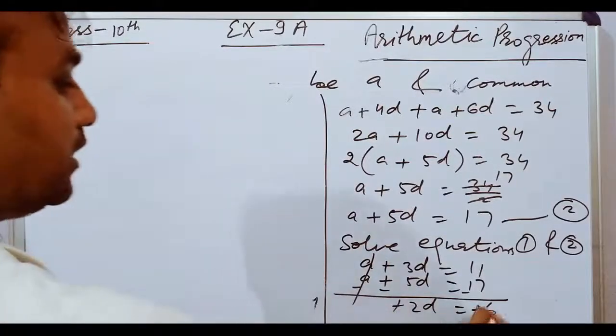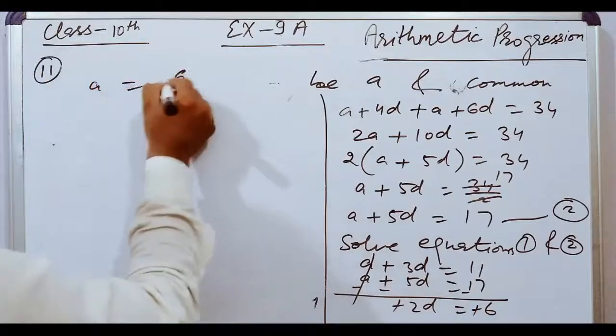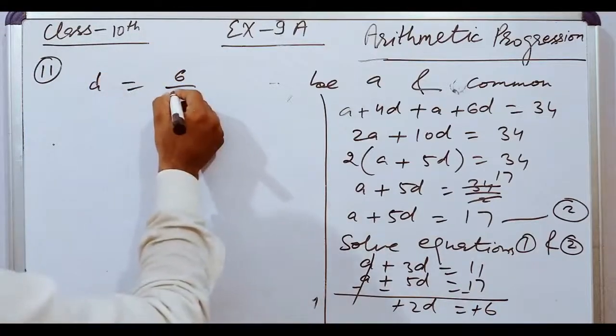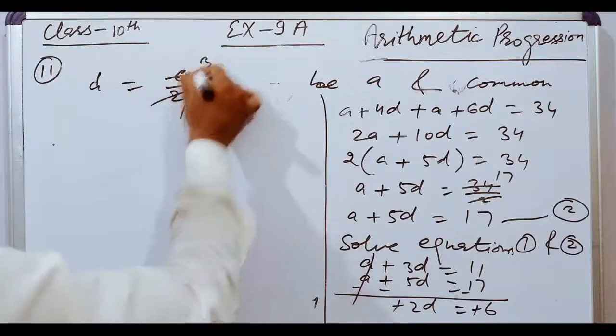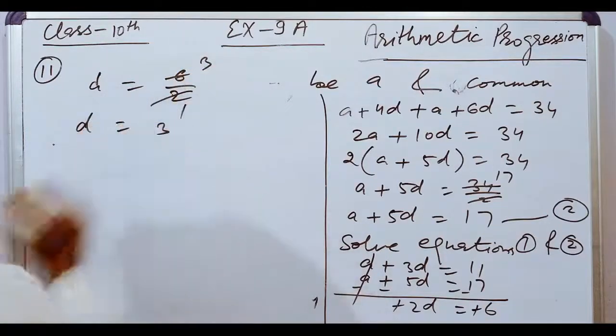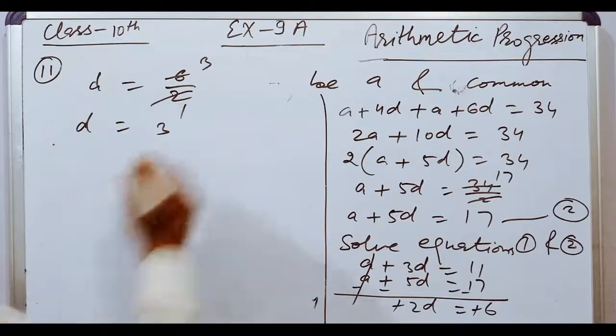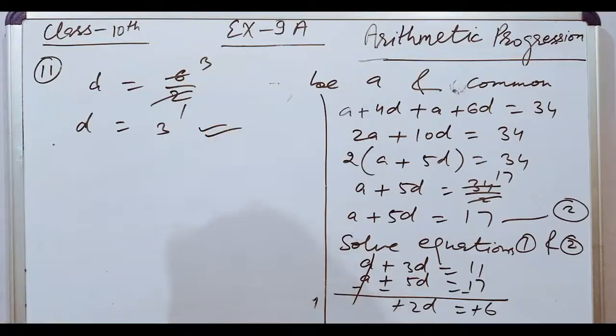Minus minus cancel. D equal to 6 upon 2, which is 3. Now we have found the common difference, this is the answer.